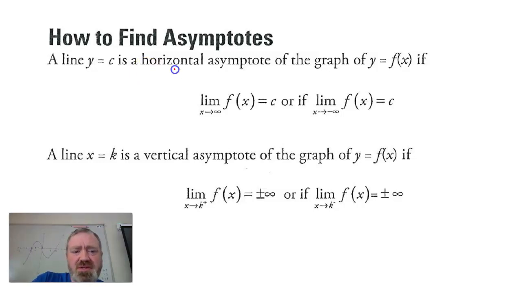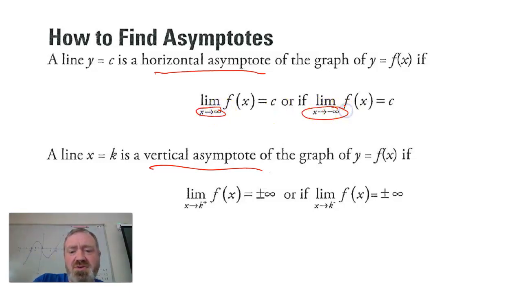Now we have asymptotes that are considered horizontal asymptotes and vertical asymptotes. They also can be defined by limits. So horizontal asymptotes travel along the x-axis to positive and negative infinity. So what's happening as my graph goes to positive infinity? What happens when my graph goes to negative infinity?